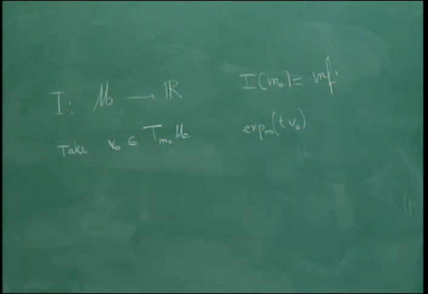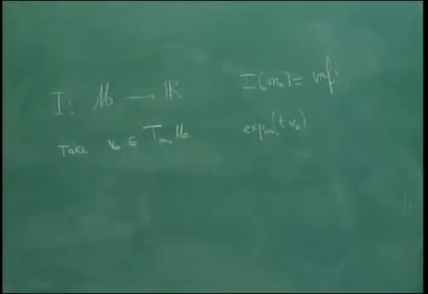What do you mean by this tangent space at M naught? If I have a Riemannian manifold? Yes. So I am making an abstract demonstration of how usually you differentiate a function. I assume I am given a finite-dimensional Riemannian manifold.